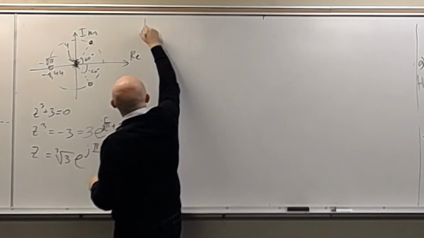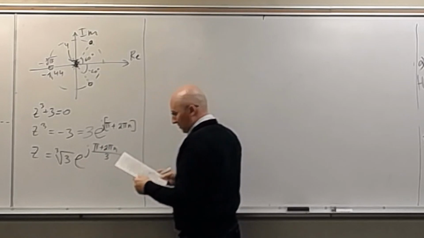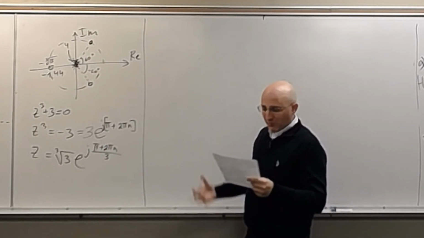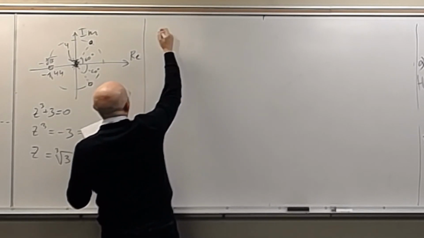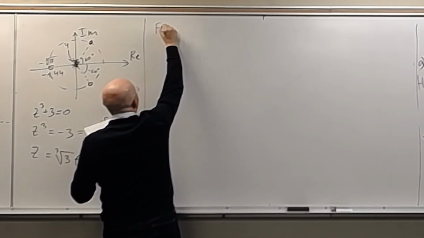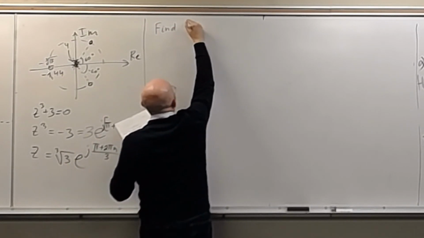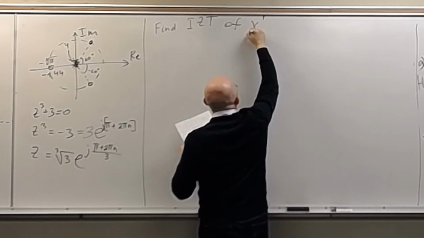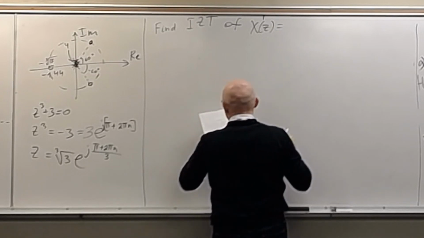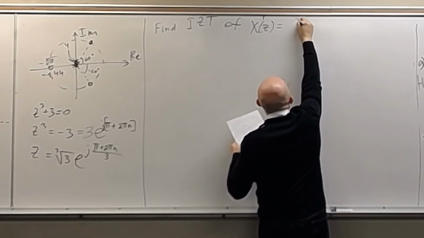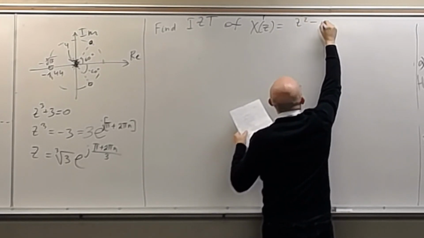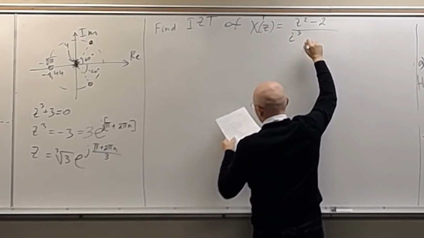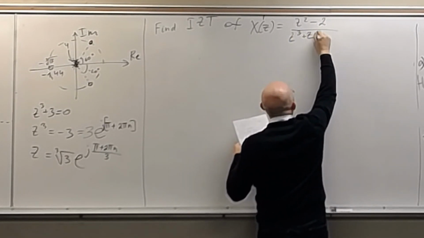Okay, let's try a different approach. You need to find the inverse Z transform of some given transfer function or some signal. And this will be Z squared minus 2 divided by Z cubed plus Z plus 3.